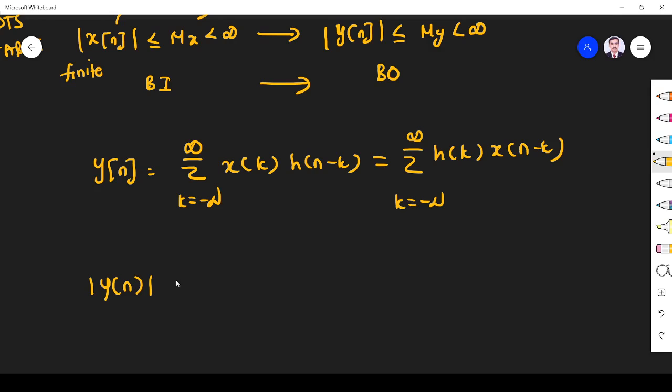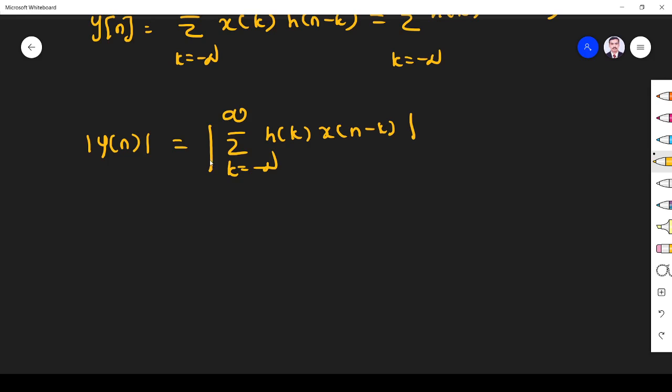So it is the magnitude of the summation. The magnitude of a summation is less than or equal to the summation of magnitudes. That is a mathematical concept. So it is equal to summation of magnitude h of k, which I split into two parts, times magnitude x of n minus k.